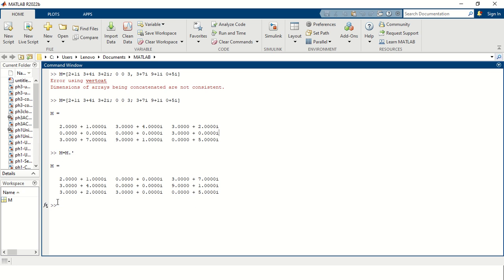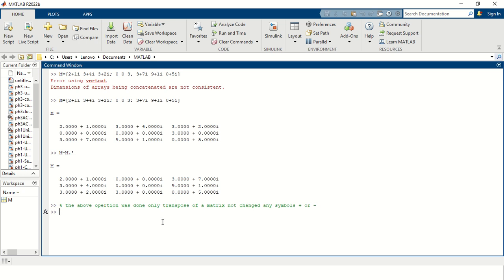So the above operation did only the transpose of a matrix, and did not change any symbols, that is plus or minus. Nothing is changed.